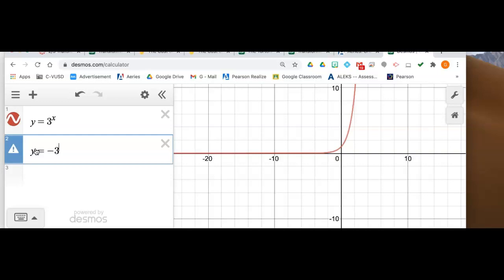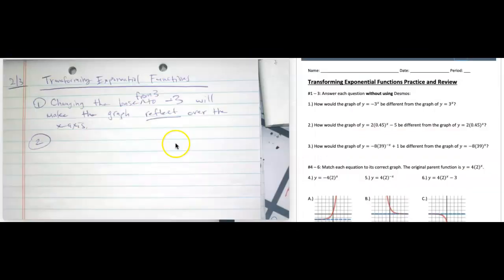Changing the 3 to a negative 3 and leaving everything else the same, you can see the graph flips downward. The red is 3 to the x power, and the blue is negative 3 to the x power. Again, changing the 3 to a negative 3 is a reflection over the x-axis. So from now on, when I'm explaining what the graph's going to do, just know you could come in Desmos and see what that looks like.